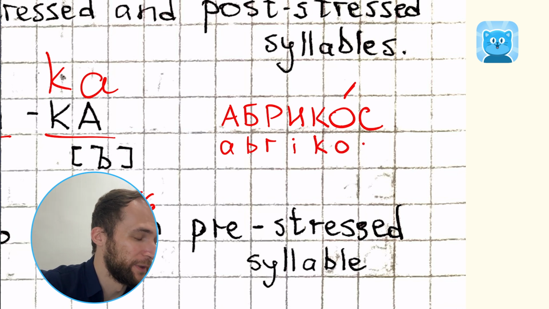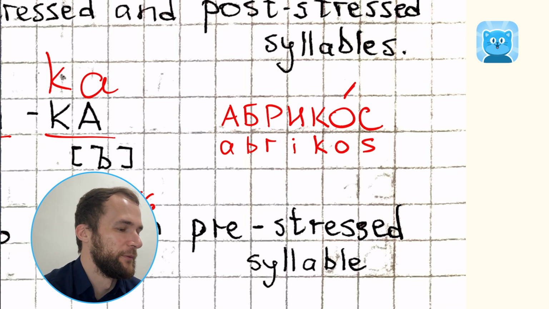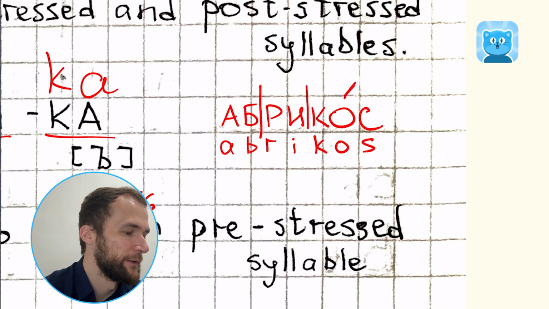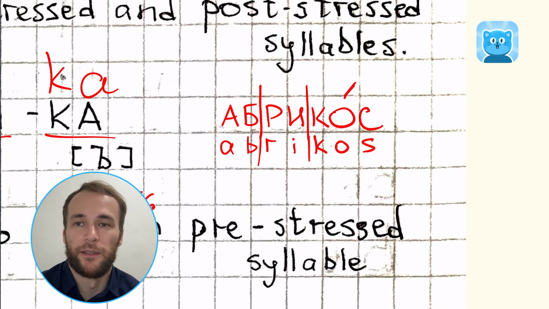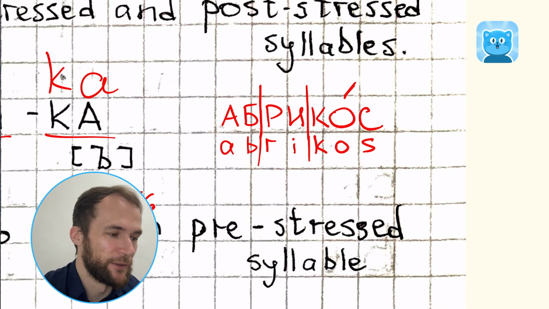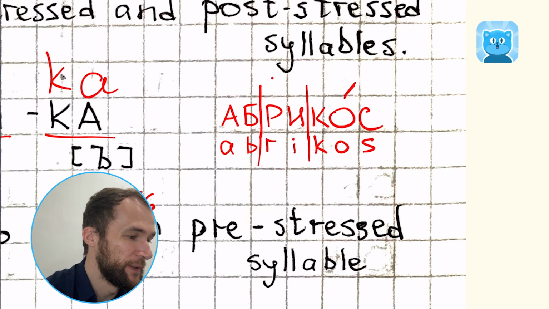So ab is the first syllable, ri is the second syllable, and kos is the third syllable, the stressed syllable, as this one is a pre-stressed syllable.